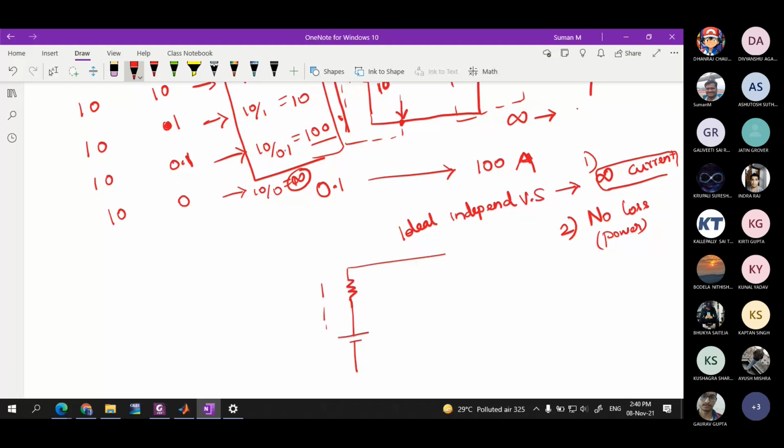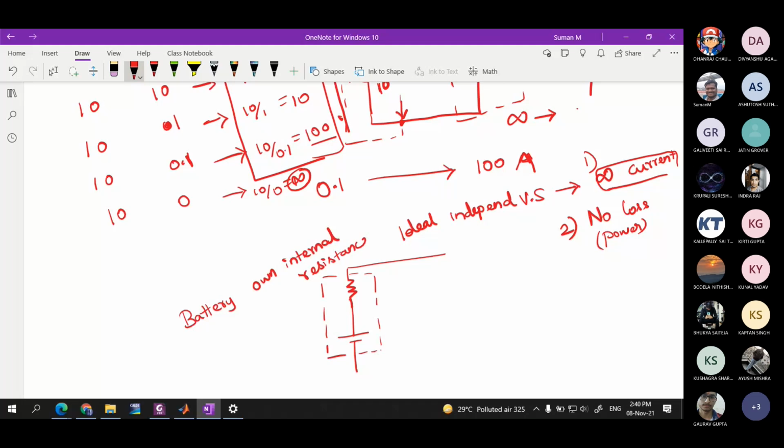So here in general the source will be considered like this. If you consider a battery, that battery will be having its own internal resistance.